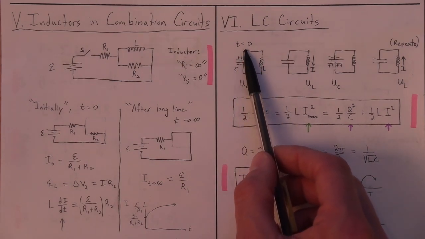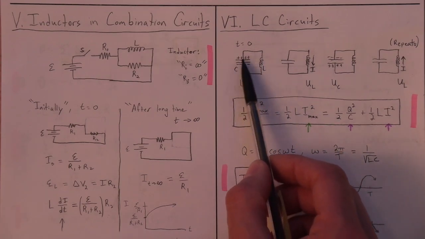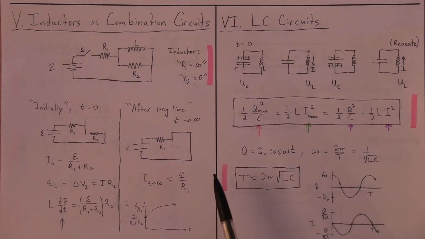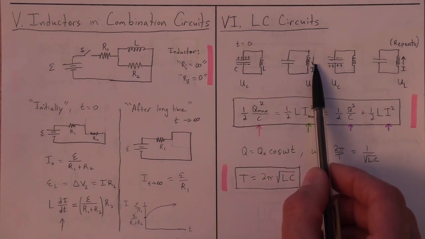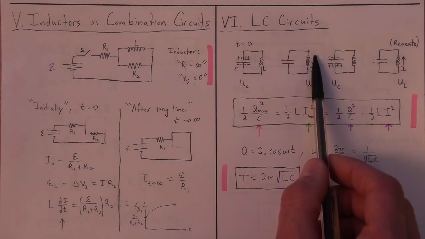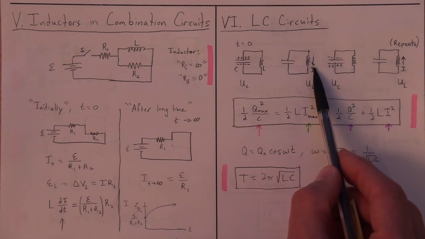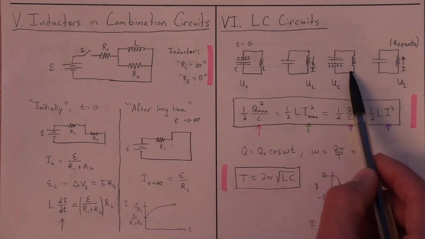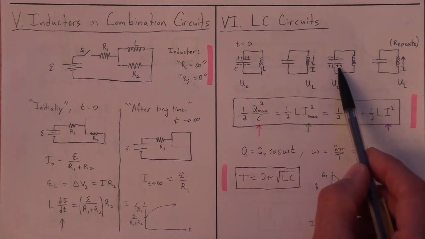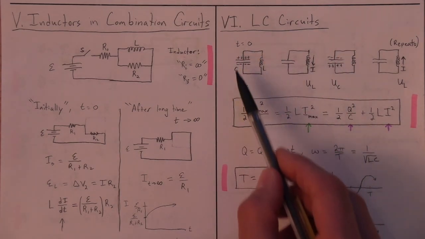The capacitor will force current through the inductor, and then eventually as the capacitor depletes, it gets to zero charge. But at that moment, there's current in the inductor. And the inductor will not let the current drop instantly to zero. It keeps it going and makes it decay. So what that means is that the positive charge continues, and then this becomes positive, and the top becomes negative, the opposite of what we had in the beginning.